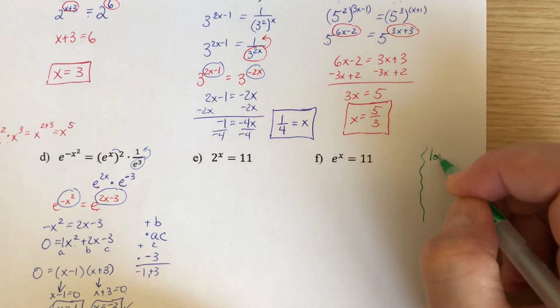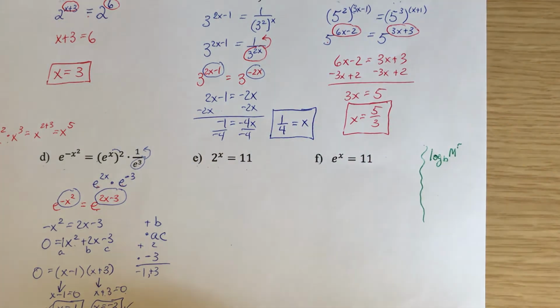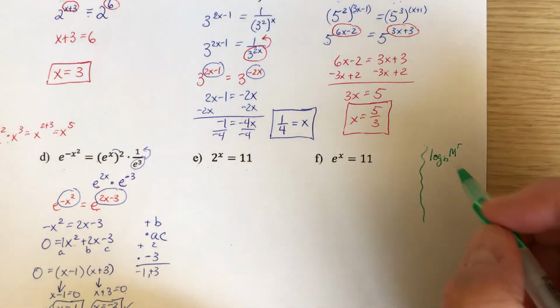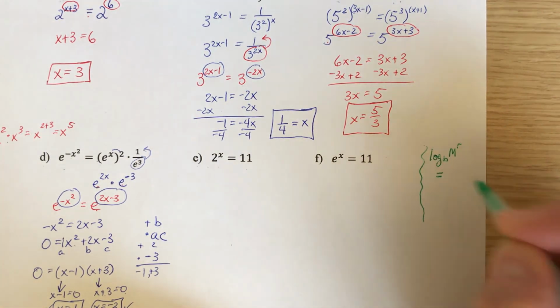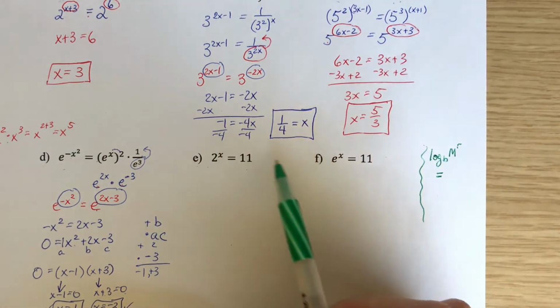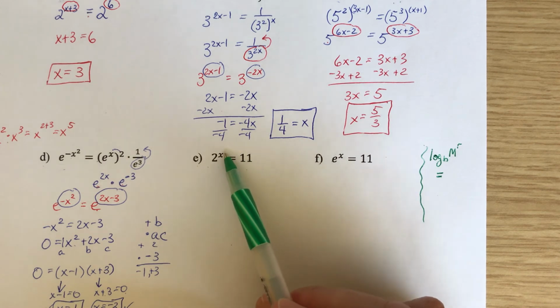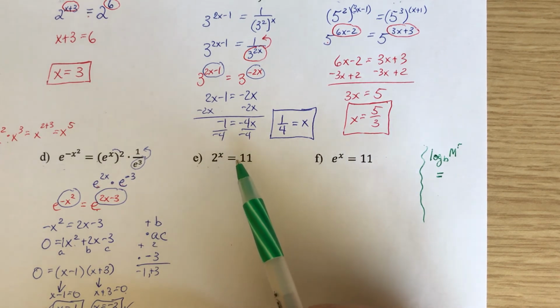The log base b of m raised to the r, that is actually equal. The problem is that this exponent, this is what we have here. How do I get the variable out of the exponent? If I can't get a common base where I can say the exponents are equal, what technique do I have?